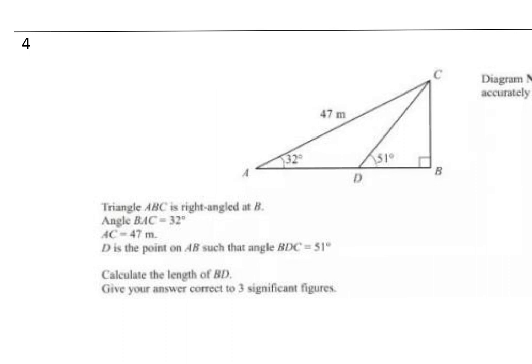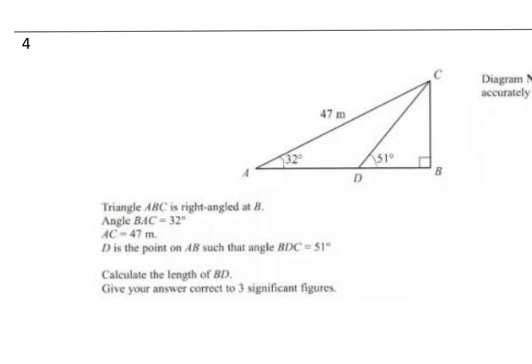Number 4, we have triangle ABC, right angle at B. This angle 51, 32, this side 47. We need to find BD. We have more than one way to find BD. We can find BC from the large triangle ABC, this right angle triangle, with this angle 32 and the hypotenuse 47.